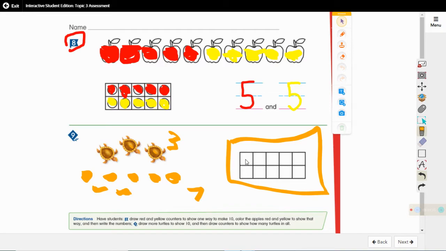So how many counters are you going to draw over here? You're going to draw 10. 1, 2, 3, 4, 5, 6, 7, 8, 9, 10. And you can pause the video while you get that finished.